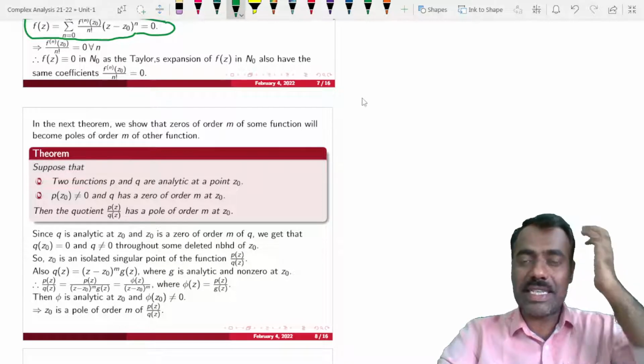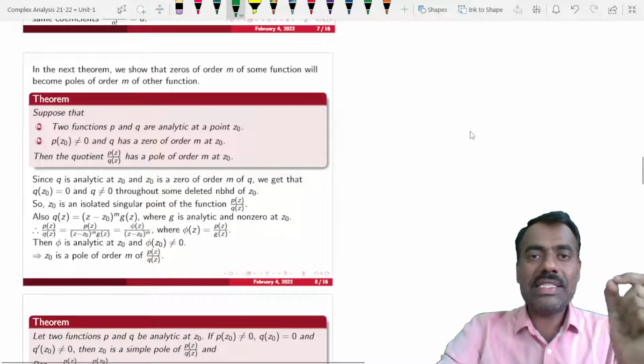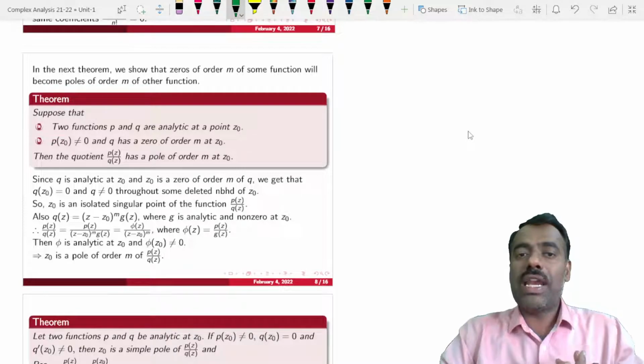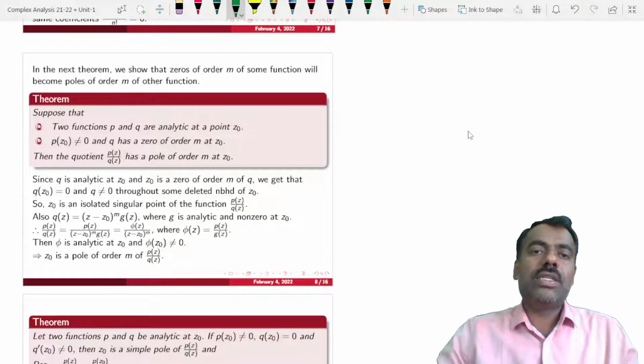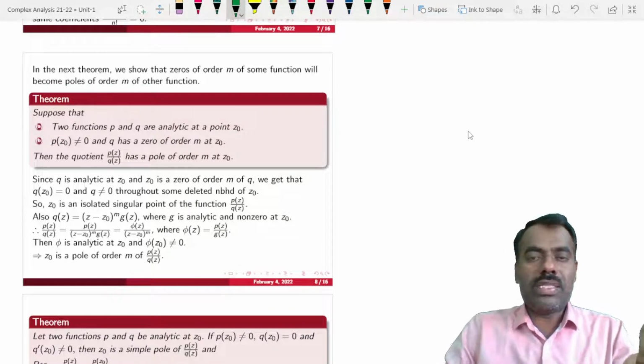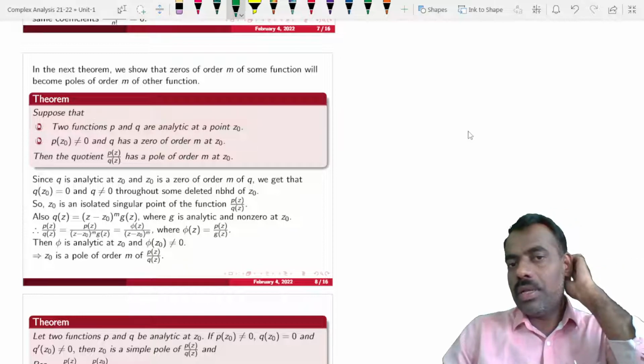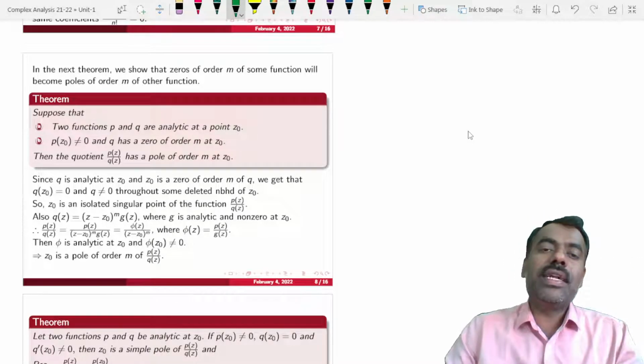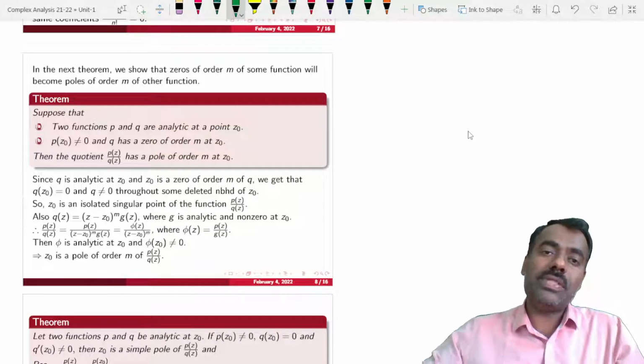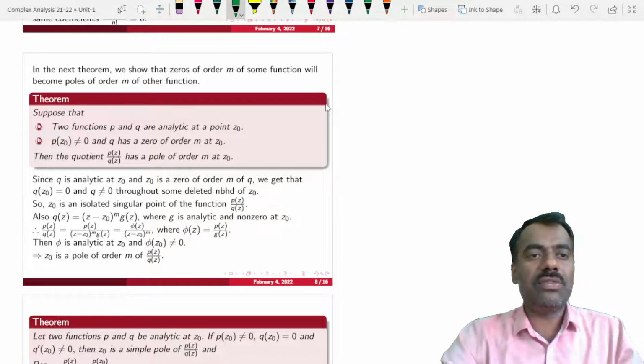Now, as I said in the last class, we will see some relation among zeros and poles. That means if some point is a 0 of some particular order, then that point will be a pole of some other new function. What is that function? We'll see here.